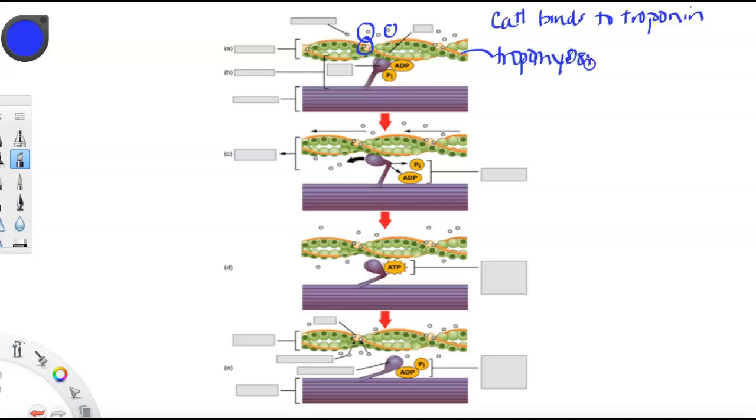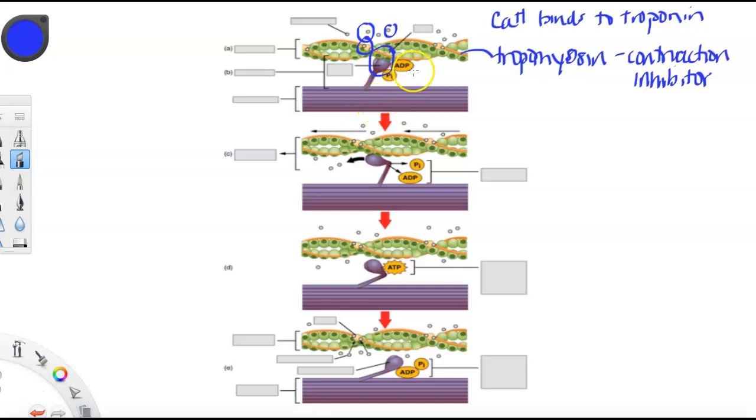Remember, tropomyosin was the contraction inhibitor. So just move that out of the way. So it linked to the troponin, moved it out of the way, and up came the myosin head and binds.